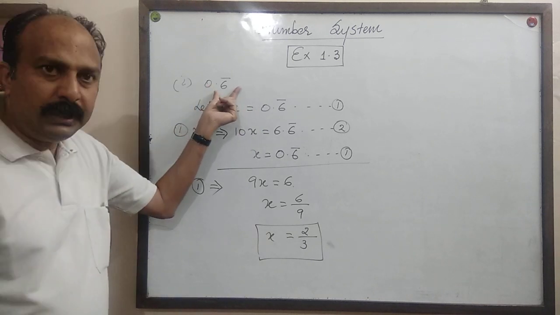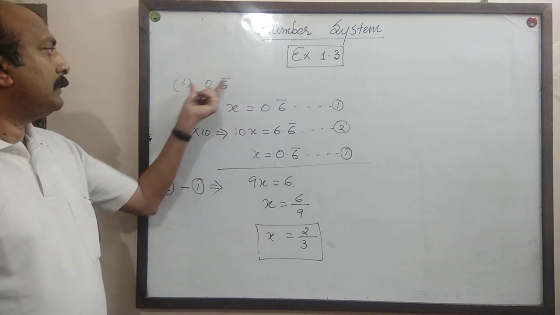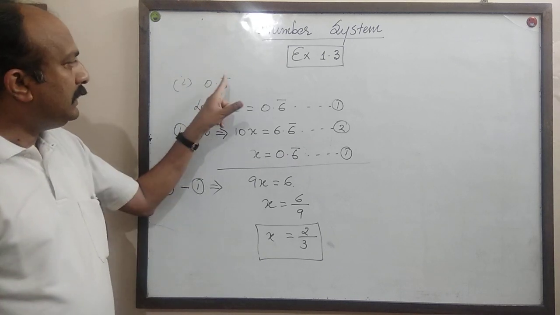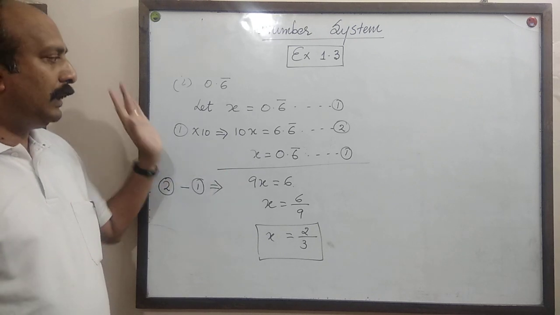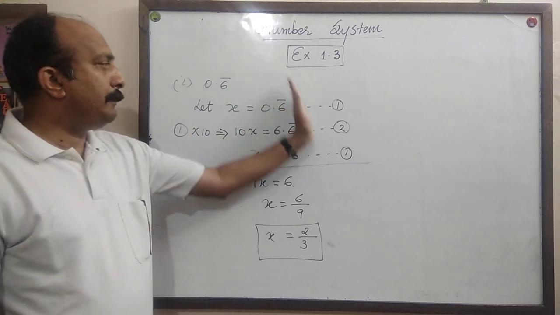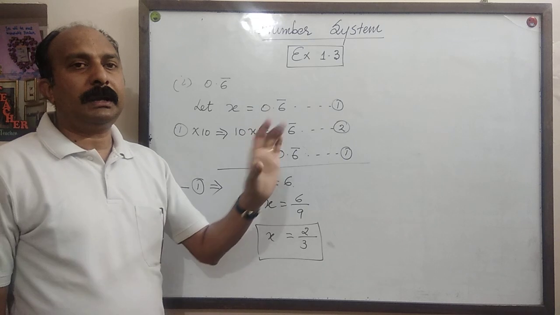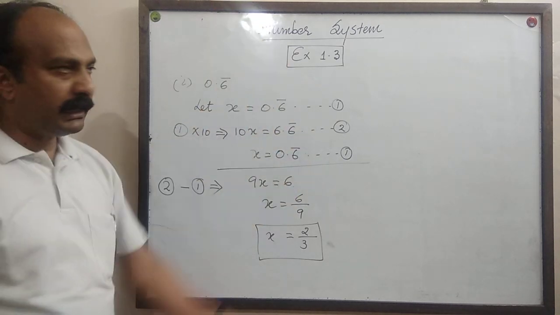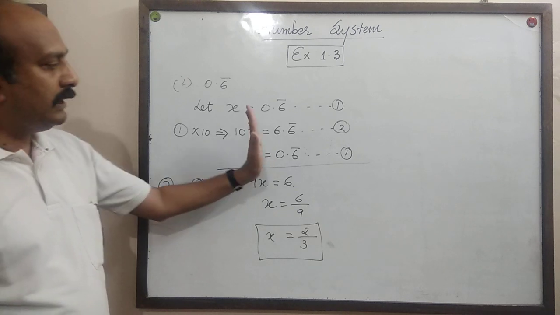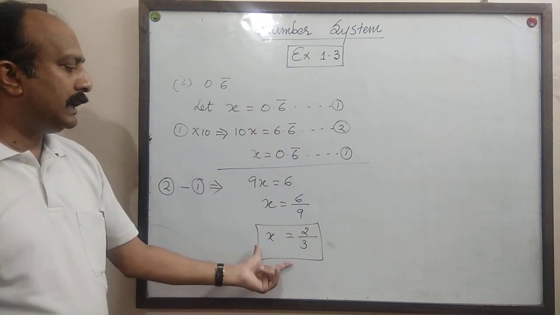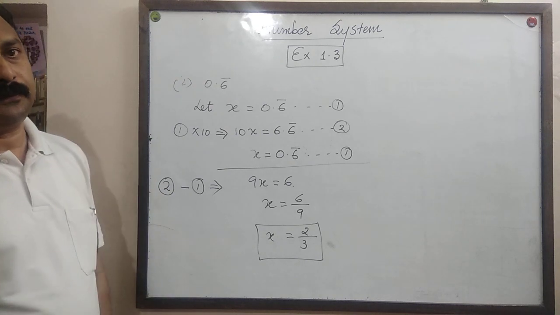If there were 2 digits, we would multiply by 100. If there are 3 digits, we will multiply by 1000. While doing so, the bar part in both the equations will become the same. That bar can be cancelled by subtracting the 2 equations. When the bar is removed, you will get the answer in P upon Q form.